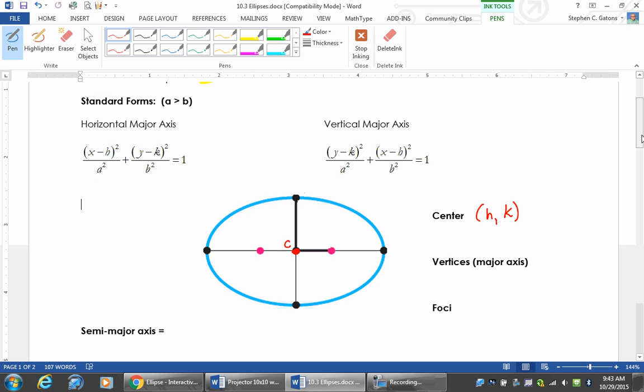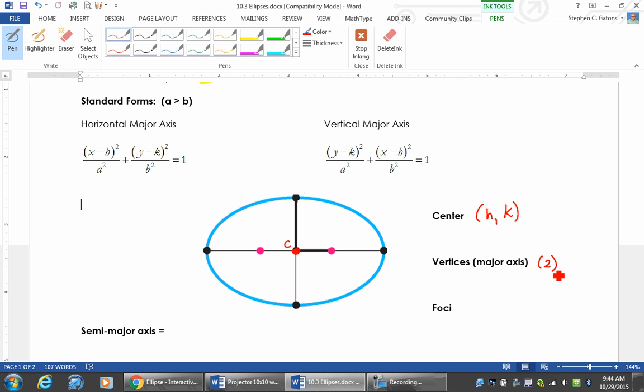There are two vertices on the major axis. There's two different kinds of axes, a major axis and a minor axis. The names imply the major one's longer than the minor one is. That's the difference.